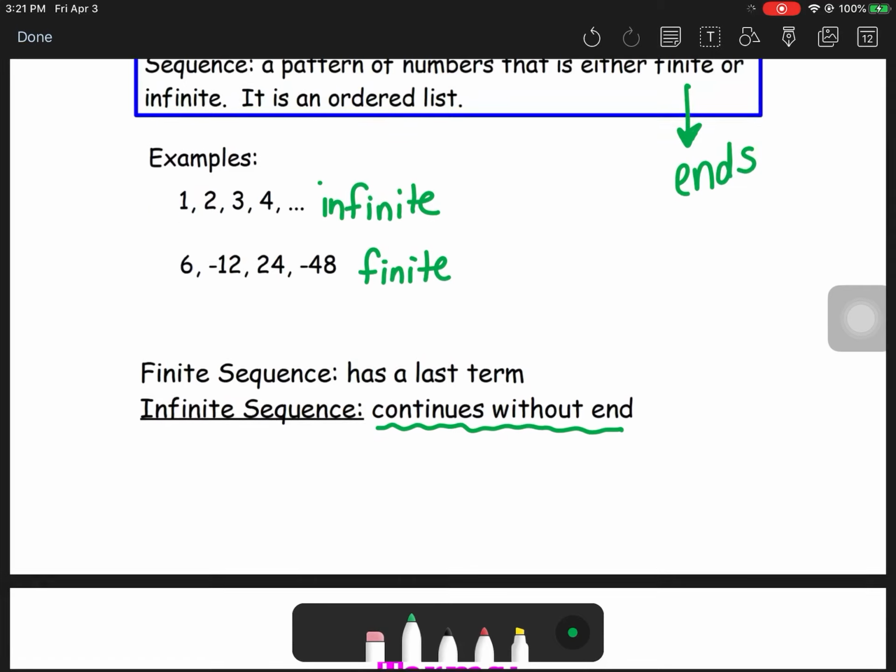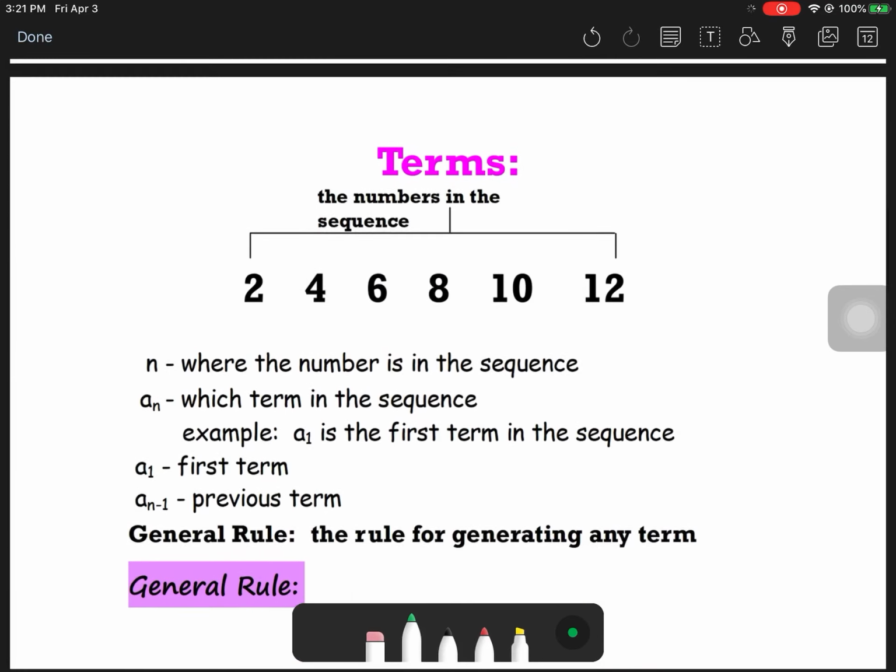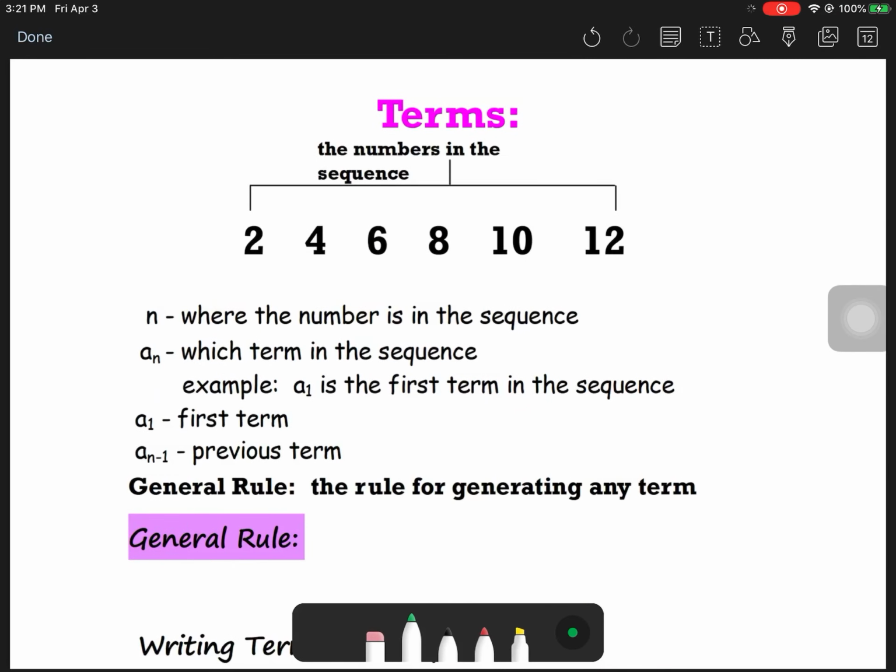If we take a look at some of the terminology as we go into this section, first we're going to talk about terms. Terms are the numbers in each sequence. The terms in this sequence are 2, 4, 6, 8, 10, 12. This is a finite sequence because it ends. It only has 6 terms.